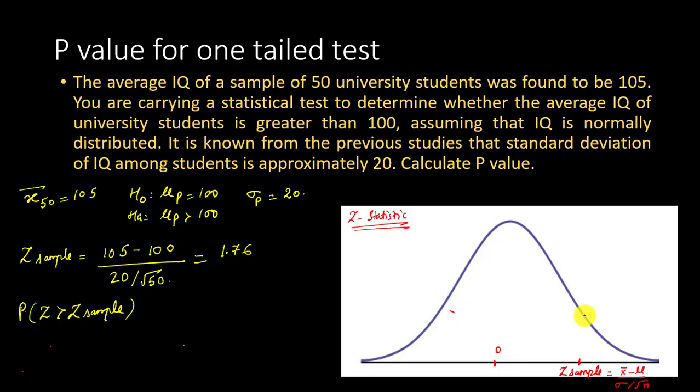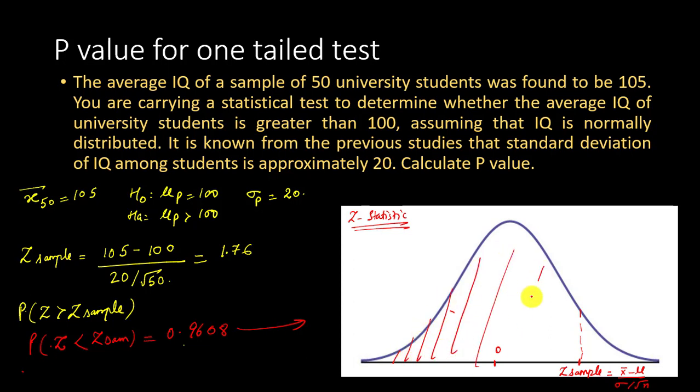As we have seen from the z distribution table, we got the probability of z less than z sample as 0.9608. What does this area signify? This area signifies the area under the curve till z sample.